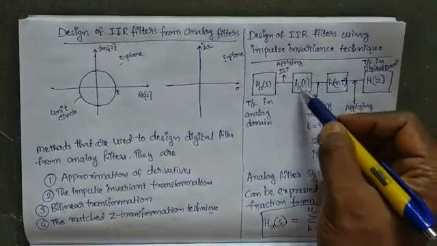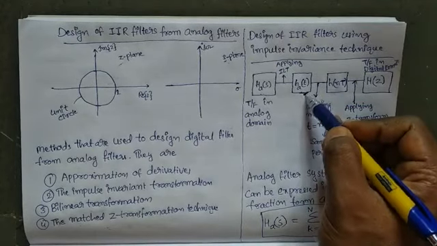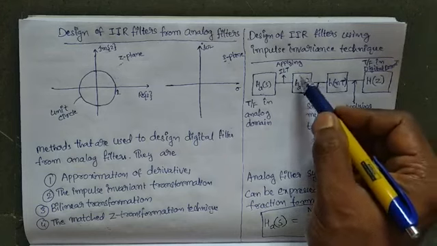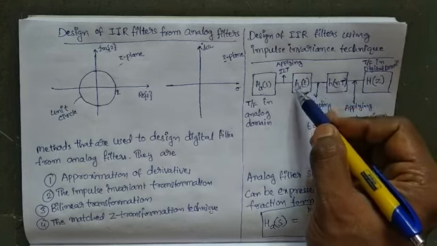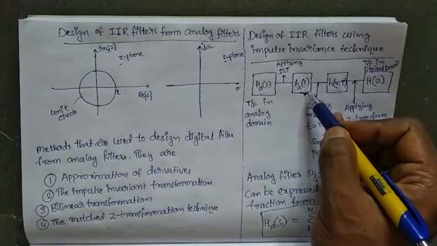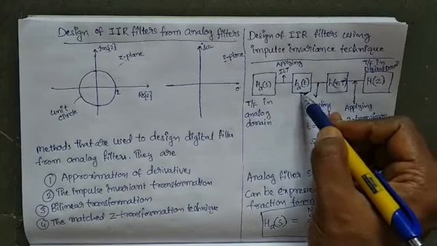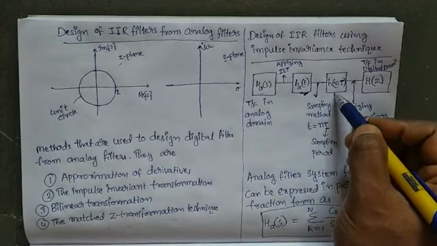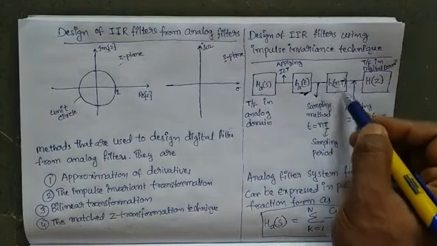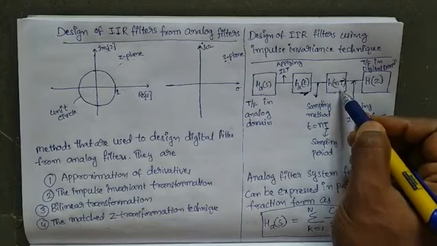We use sampling to sample the analog impulse response HA of t. Sampling at t equal to nT, we obtain the discrete time signal h of nT.